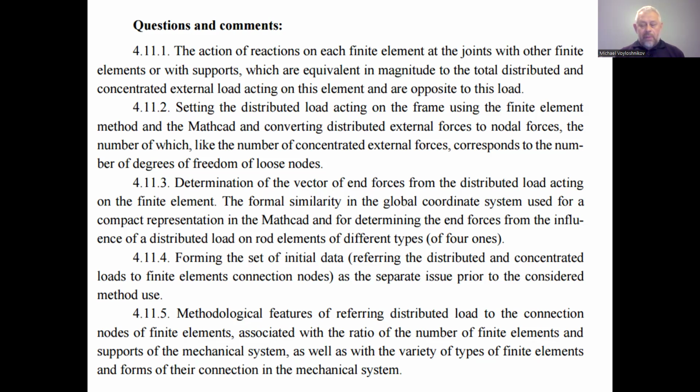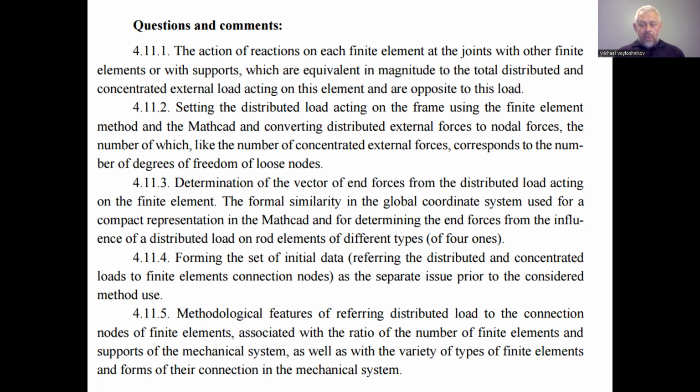We can find the standard solution of the end forces acting for the finite elements of other types within the available directories or textbooks, and using those formulas we can find the end forces, which next we use for the determination of the nodal forces required to use Mathcad and the finite element method.